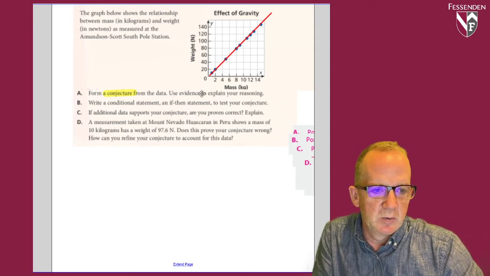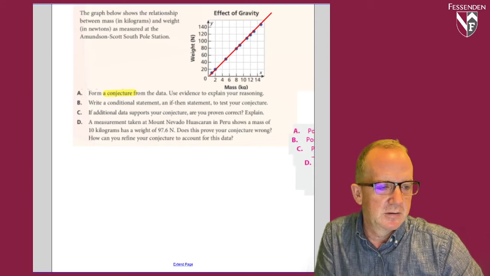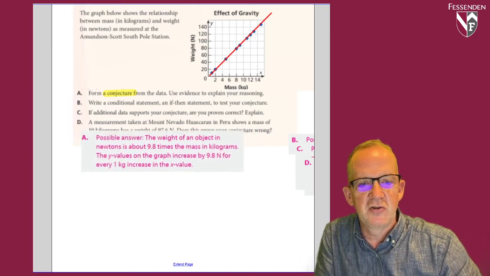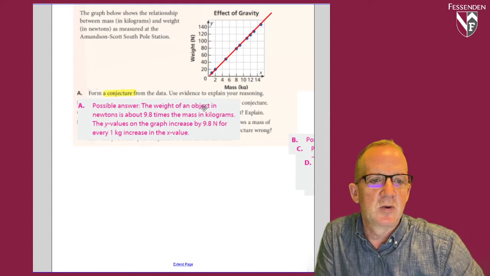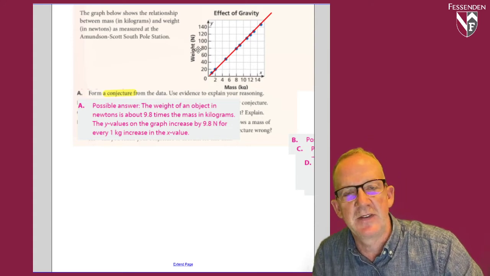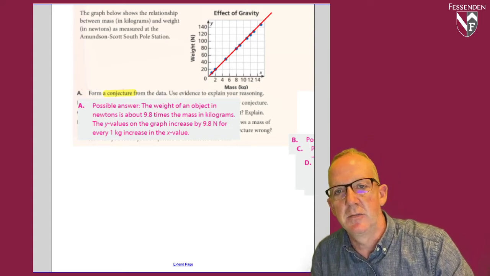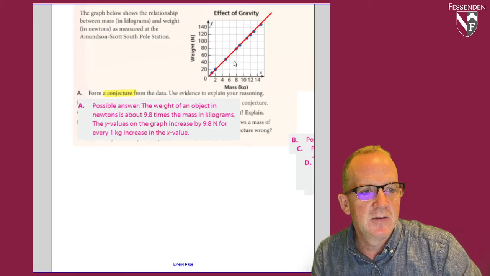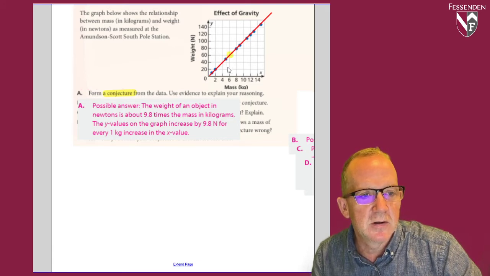So we want to explain our reasoning, and I'm not going to dwell on this too long, but a possible conjecture here is that the weight of an object is about 9.8 times its mass in kilograms. So if we look at the weight on the left axis, the y-axis, and compare it to the x-axis, you'll see it's about 10 times.